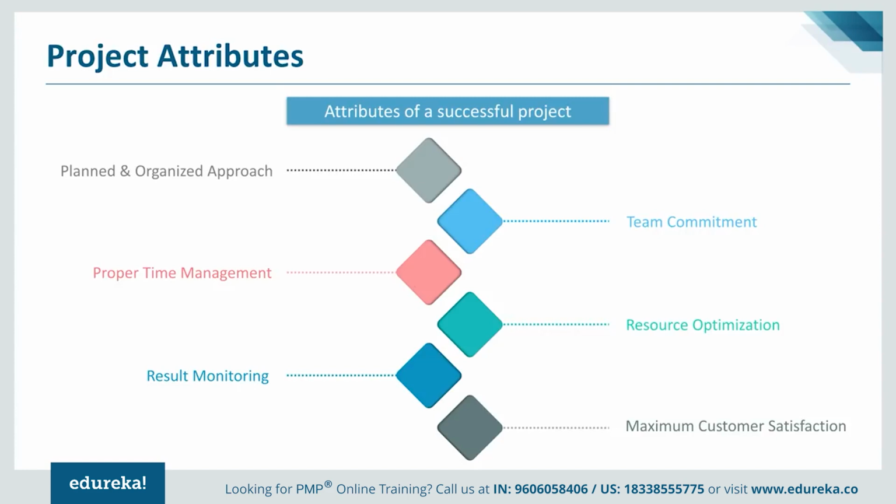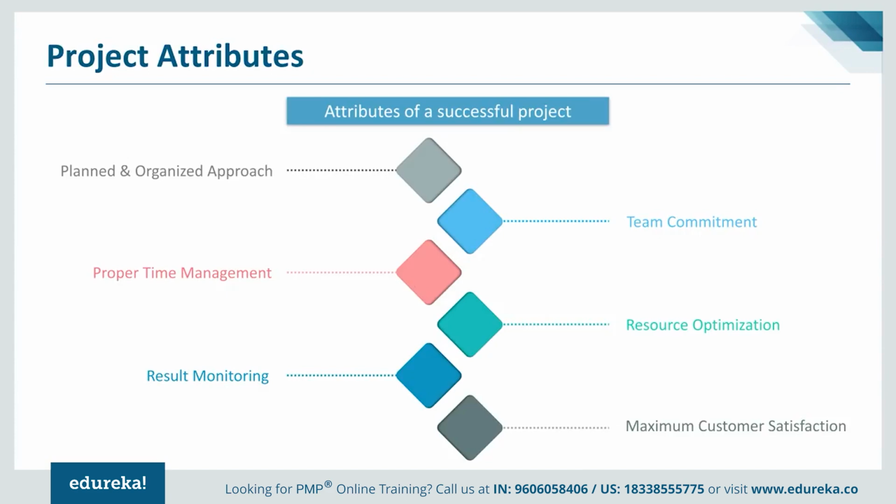And by the end of that project, obviously you will achieve better customer satisfaction. A successful project will always achieve better customer satisfaction because you have executed that project well within time, well within budget, by optimally utilizing the resources. Not only that, you managed the project risk effectively. All the issues on the project are closed properly.